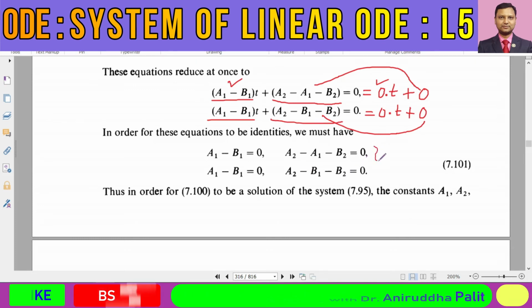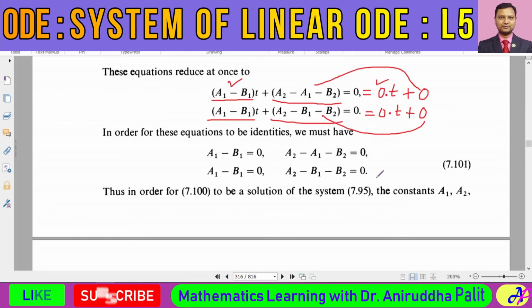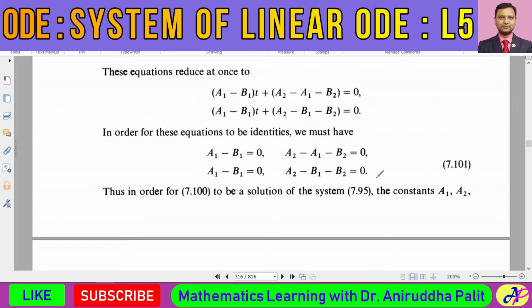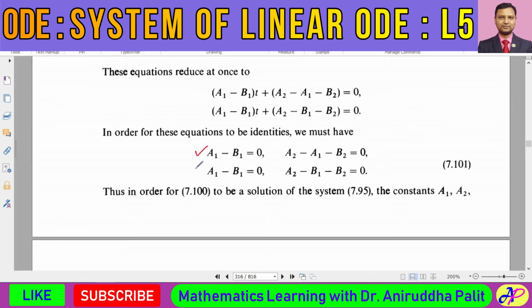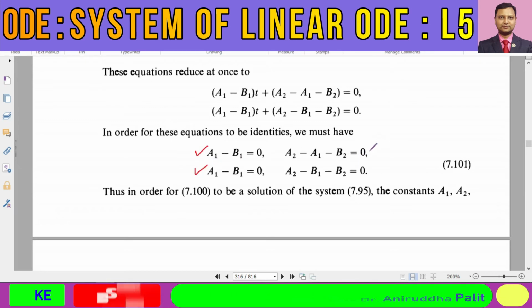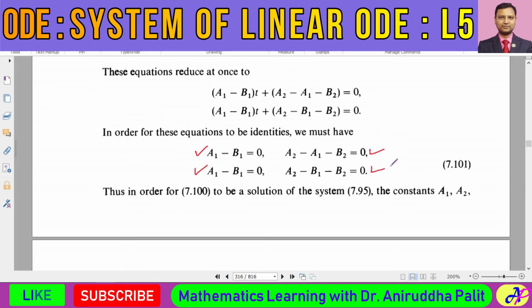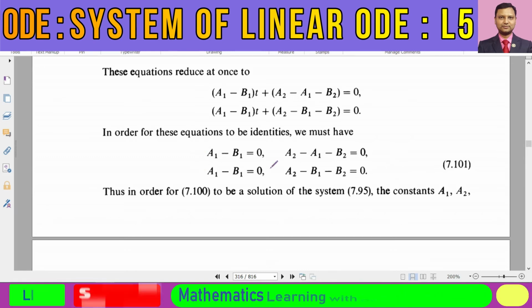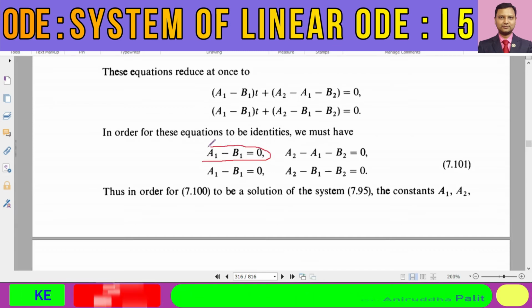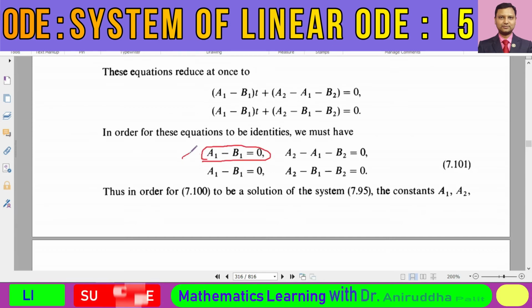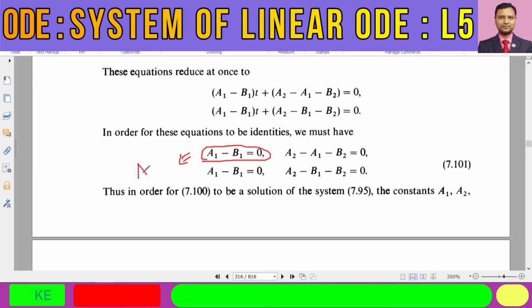So we have these four relations. Although it looks like four relations, basically these are two relations. This relation and this relation are the same, and similarly this relation and this relation are the same. So we basically have two relations. From the first relation, we get the result that a1 is equal to b1.